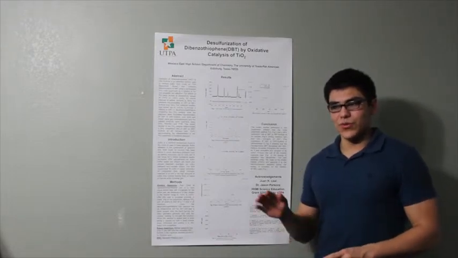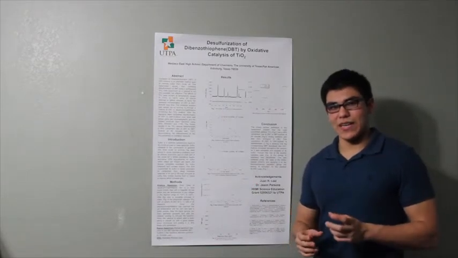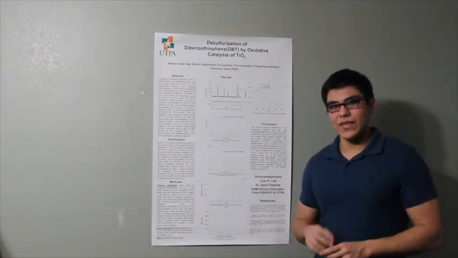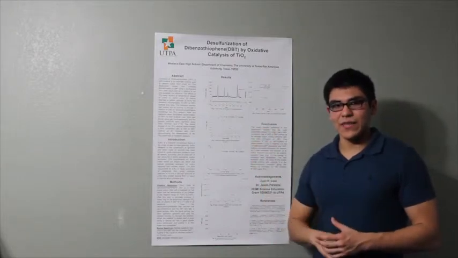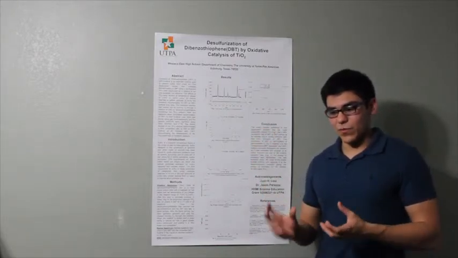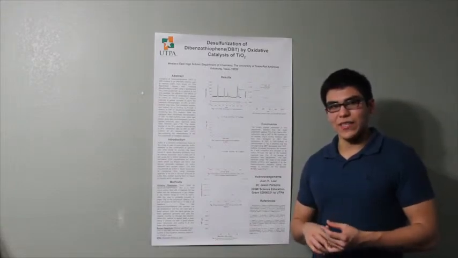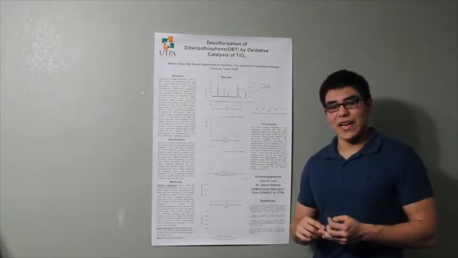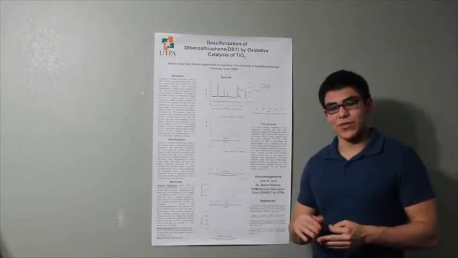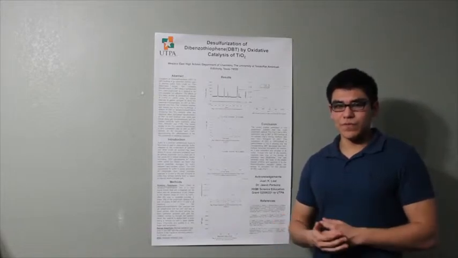Now, what we did in this experiment was, as I said, we got DBT and our dihydronaphthalene solvent, and we mixed that together. And then we introduced our titanium dioxide catalyst. What we had to do with that catalyst is figure out its energy of activation, how long it takes for the reaction to run to completion, and its conversion rate of DBT to DBT sulfone, which means how much sulfur it will remove in total.